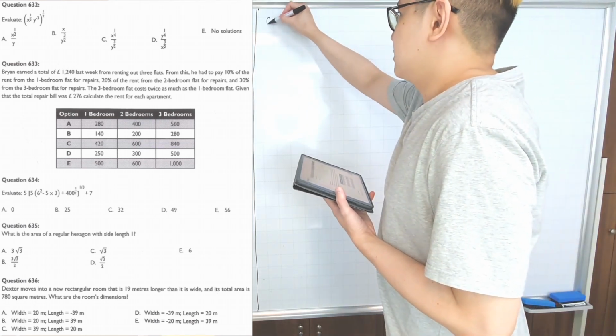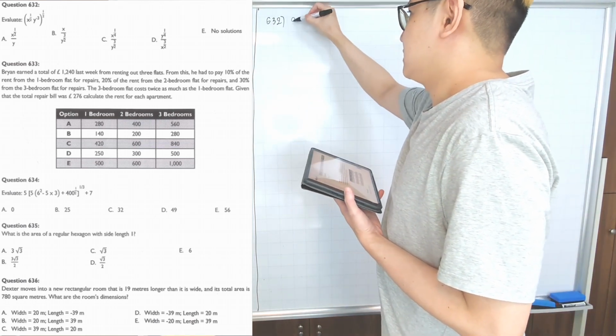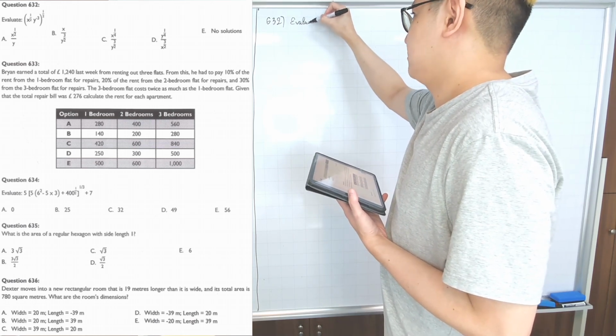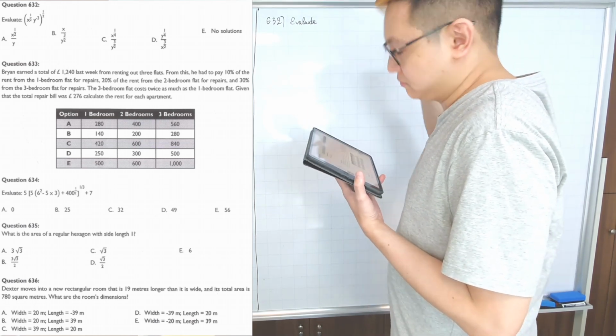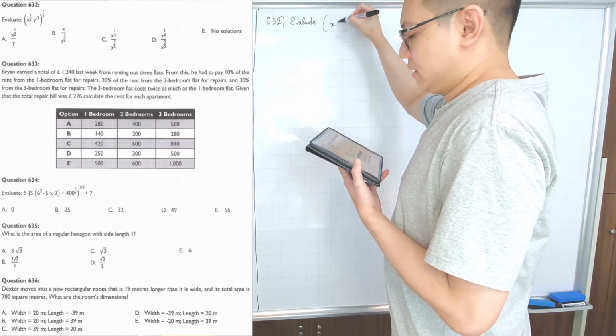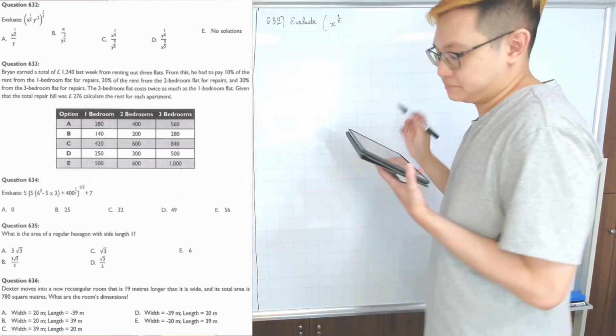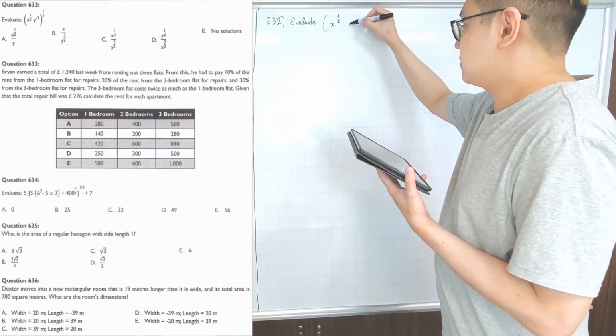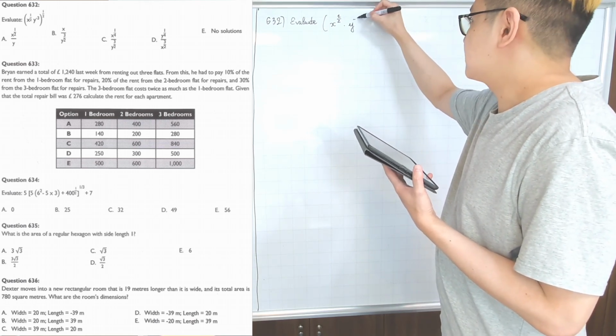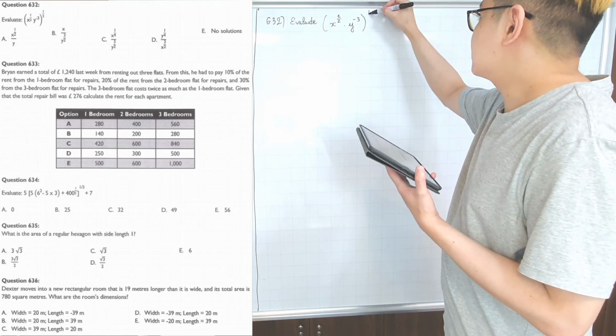Okay, 632, you have to evaluate x to the power half times y to the power of minus 3, and then all to the power half.